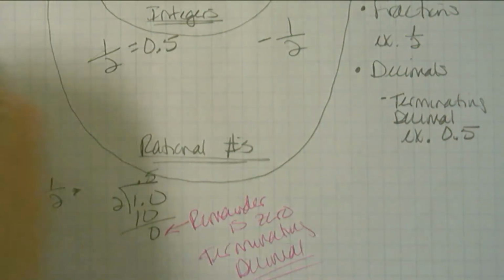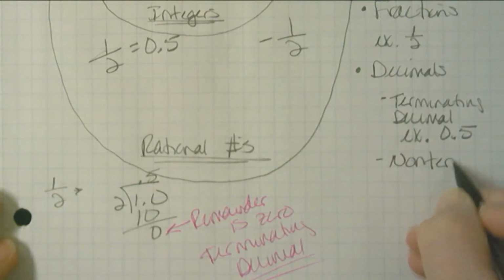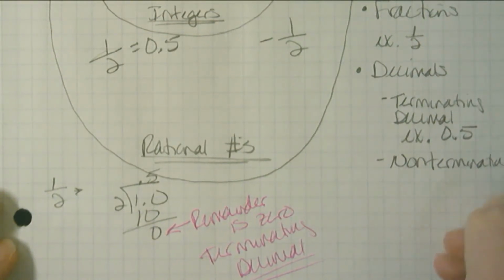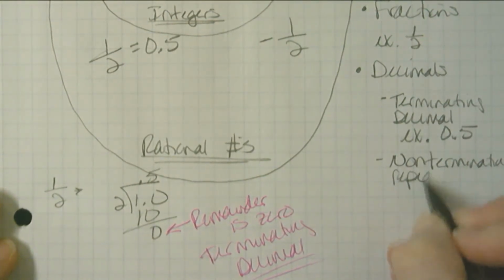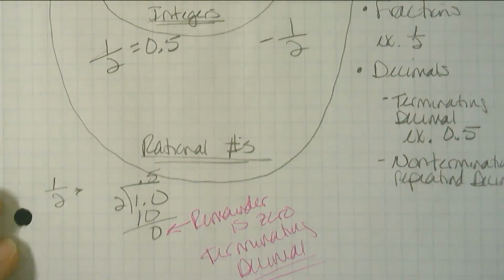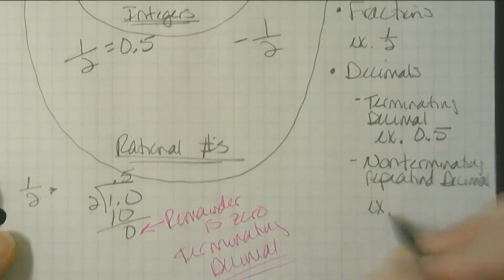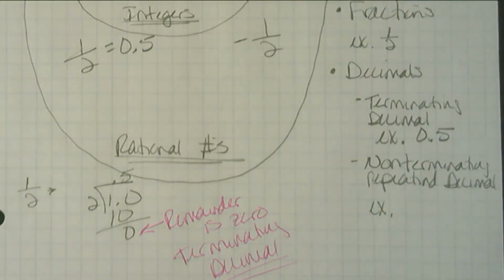All right, well, the other kind that we have is a non-terminating repeating decimal. If you did the division, what fraction do you know for sure is a repeating decimal? All of you should know this.